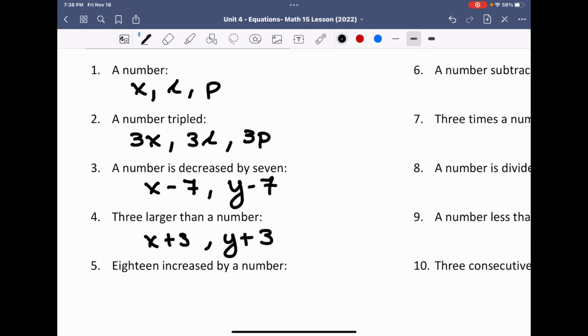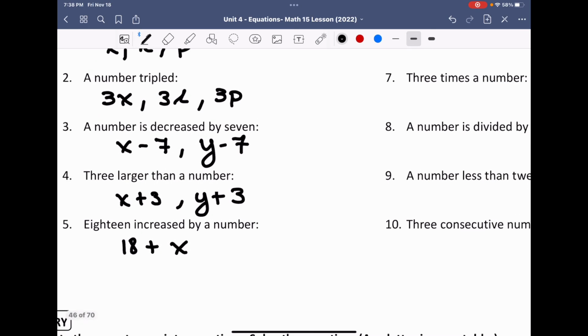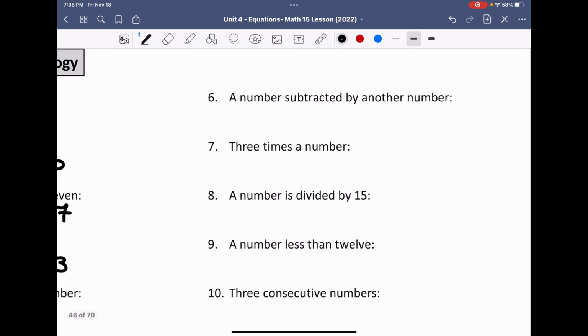18 is increased by a number. We start with 18, and then we add some unknown quantity. Let's call it X. All right, a number is subtracted by another number. They give us a number, which is something abstract. We don't know what this number is. It's an unknown, and it's subtracted by another number.